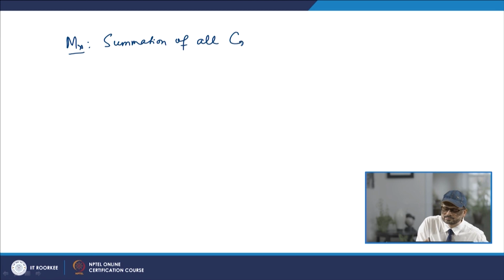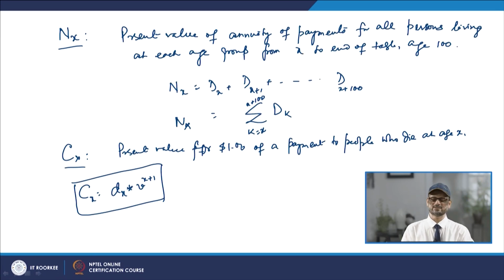Then one of the other terms which is also used is Mx, and this Mx is basically the summation of all the Cx. As we see, Cx is the present value of a $1 payment for people who die at age x.